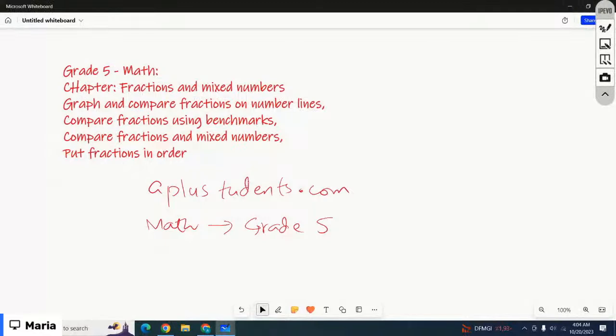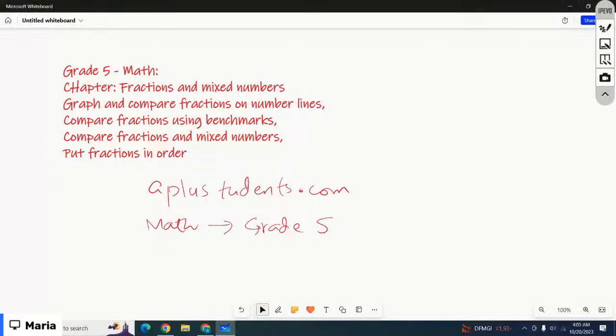We're going to start with the chapter fractions and mixed numbers. The lessons we're going to cover from the chapter are graph and compare fractions on number lines, compare fractions using benchmarks, compare fractions and mixed numbers, and put fractions in order.